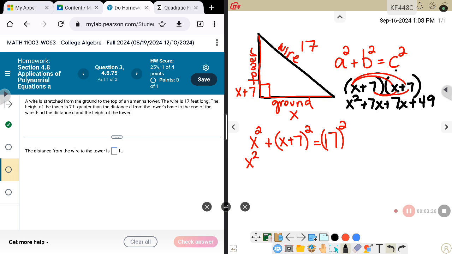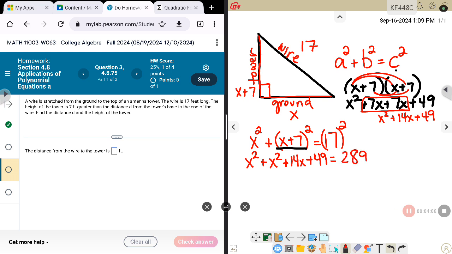49. The terms in the middle are like terms, so when I put those together, I'm actually going to have 14X. So X squared plus 14X plus 49 is what this X plus 7 squared ended up being. So I have plus X squared plus 14X plus 49 equals 17 squared, which gives me 289.